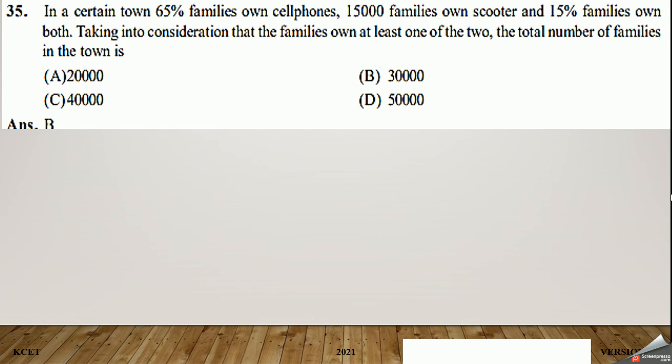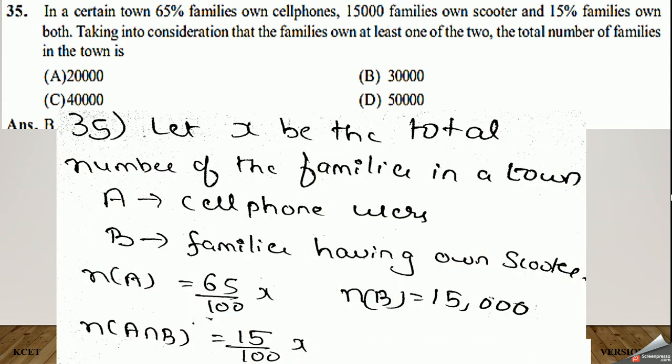In a certain town, 65% families own cell phones, 15,000 families own scooter, and 15% families own both. Taking into consideration that the families own at least one of the two, the total number of families in the town is, let me consider the total number of families as X. So 65% of X own cell phone.